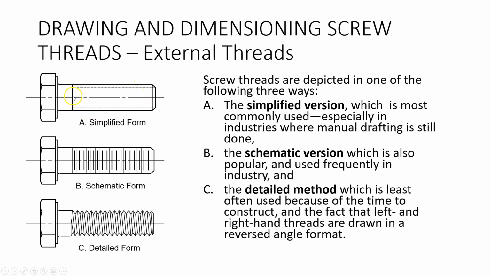The thread length is from this line to the end of the fastener, and then we also have a chamfer on the end of the fastener. We're going to go through all the details of how to draw the simplified form, and that's what you're going to be drawing on your 3 drawing assignments.